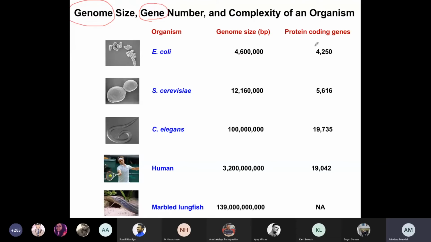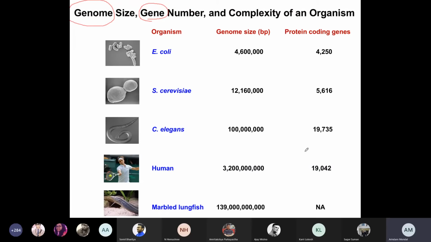And the total number of protein coding genes, the total number of proteins which get encoded from this, is 4,250. Okay. In case of the yeast, Saccharomyces cerevisiae, it's 12 million. The total number of proteins is 5.6 thousand. In case of human, it's 3.2 billion, and the total number of proteins that get encoded is 19,000.